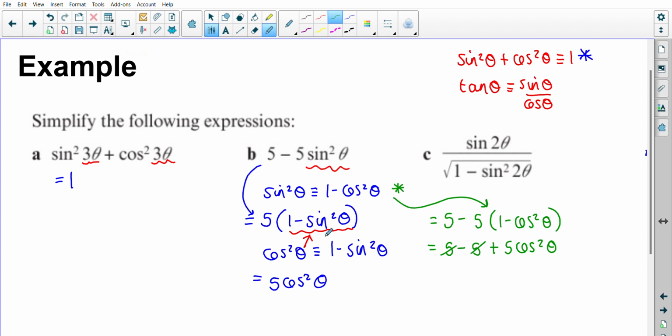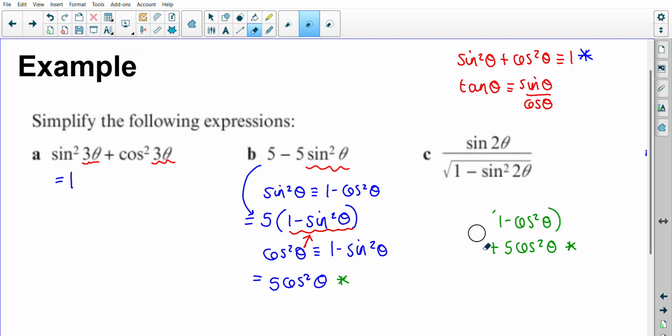So if I rearrange the identity in terms of cos squared theta, then I can sub in cos squared theta. And notice how you get the same answer here and the same answer here. Okay, I'll move on to the next one.